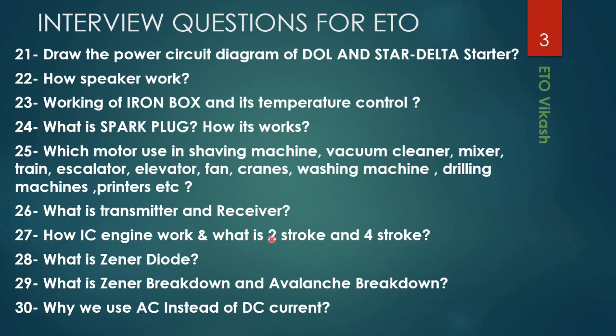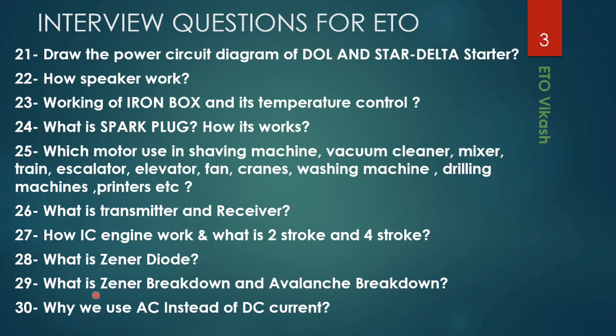Now 28. What is a Zener diode? A Zener diode is different from a simple diode. A simple diode works in one direction, forward mode, but a Zener diode works in reverse mode also. What are Zener breakdown and avalanche breakdown? You can just Google this.